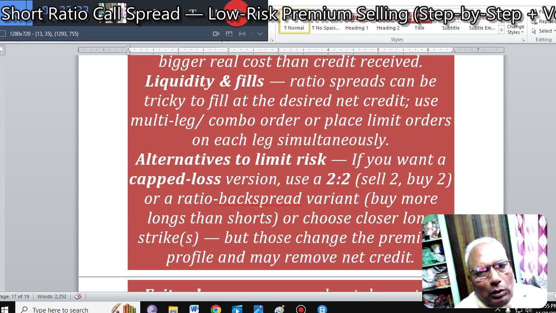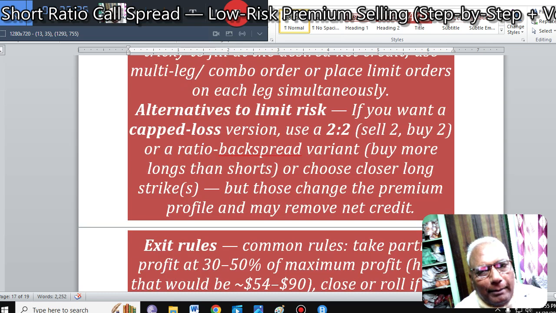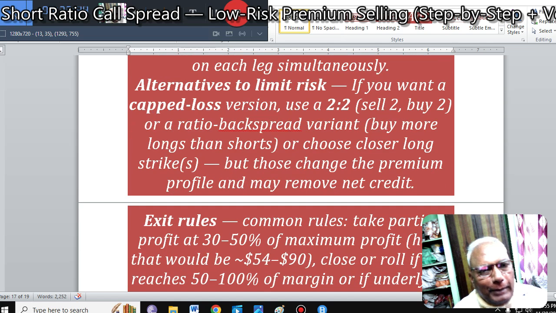Alternatives to limit risk: if you want a capped-loss version, use a 2:2, sell 2 buy 2, or a ratio back spread variant, buying more longs than shorts, or choose closer long strikes, but those changes alter the premium and profit and may remove the net credit.